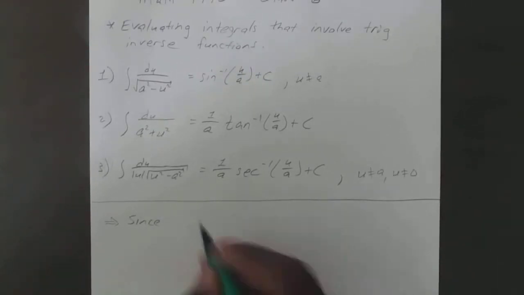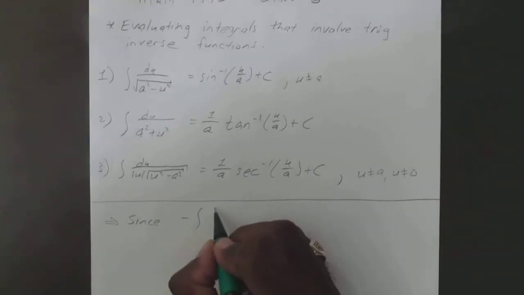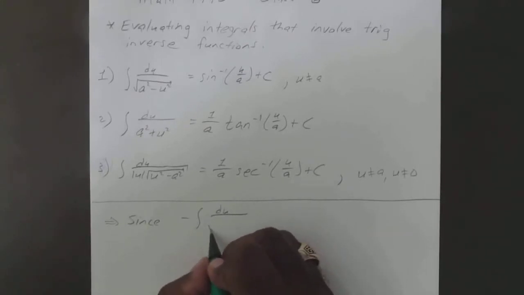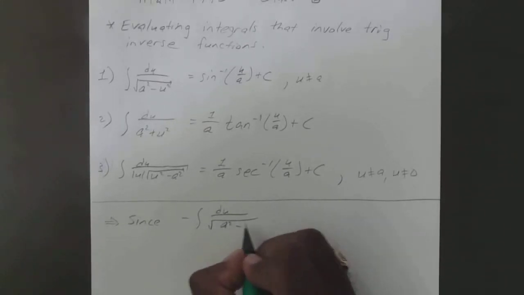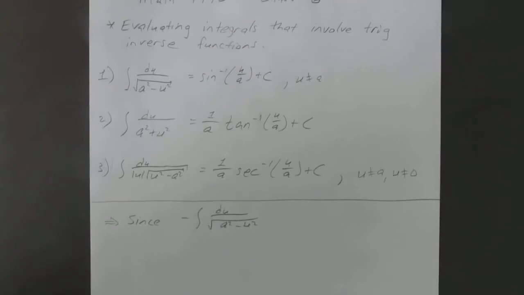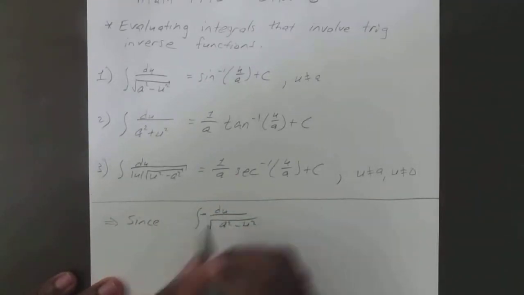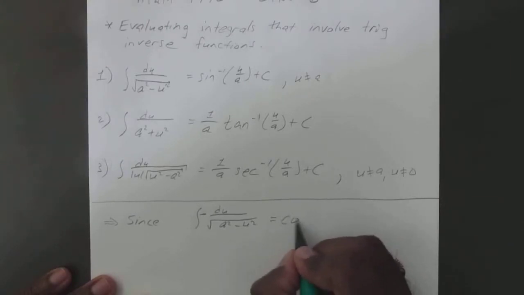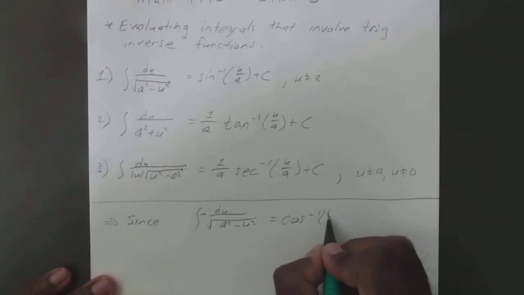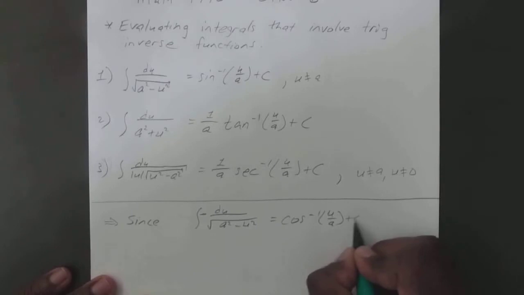So since negative du over the square root of a squared minus u squared equals cosine inverse of u over a plus c, instead, we'll just have you write it as the negative of sine. So this way you don't have to worry about remembering the cosine.